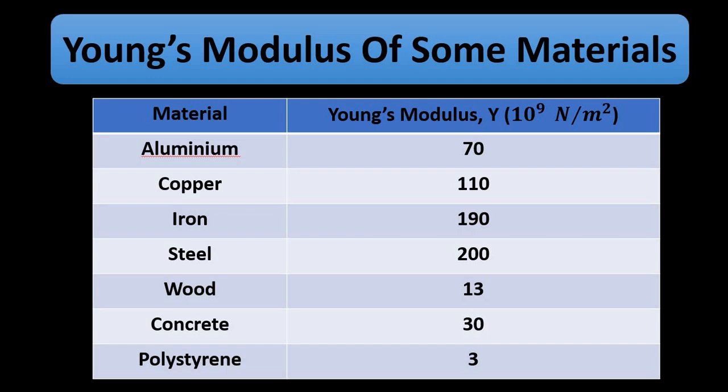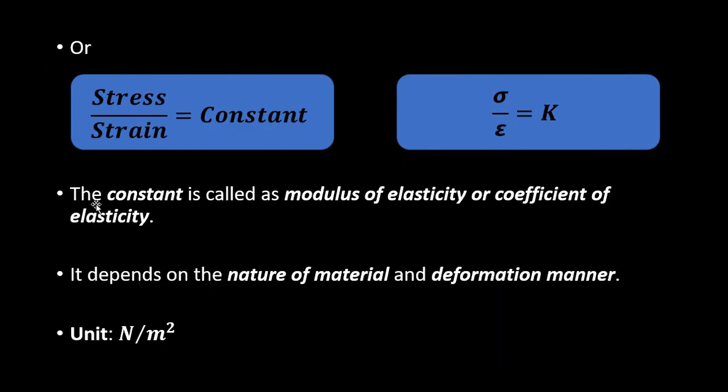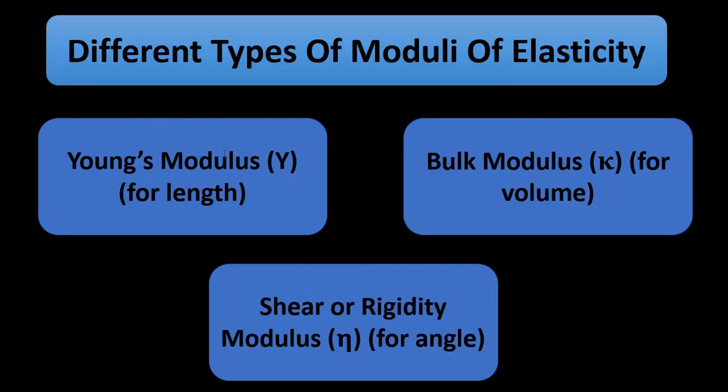So always remember, there are different types of modulus of elasticity. The stress-strain relationship has different proportionality constants. Here Young's modulus deals only with length change. Bulk modulus will be for change in volume, increase or decrease in volume. And shear or rigidity modulus basically deals with the bending angle.